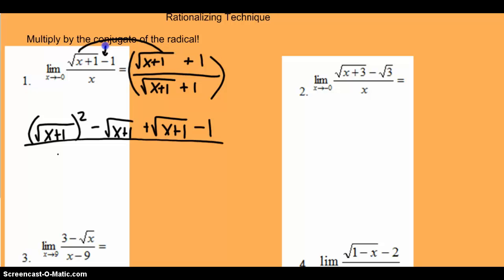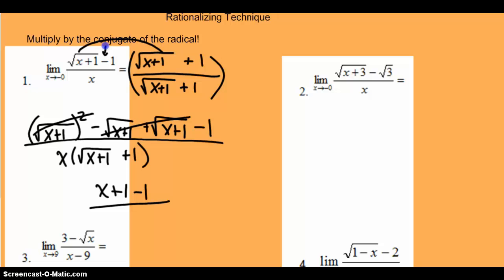And then my denominator is x times radical x plus 1 plus 1. All right, so in the numerator, the square root and squared cancel out. These two terms cancel out. So I am left with x plus 1 minus 1 over x times radical x plus 1 plus 1.